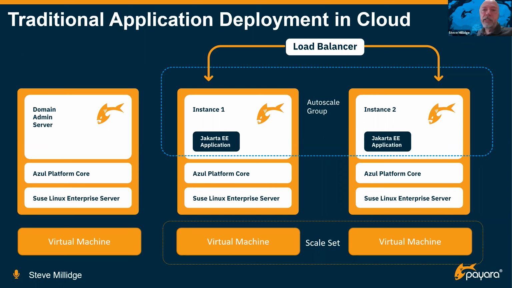So this is one traditional deployment that you could use. You would run virtual machines on Azure, as an example, which could be running on an Azure scale set, so they can elastically scale up or scale down depending on requests. And then you would run that with a domain admin server and some instances.